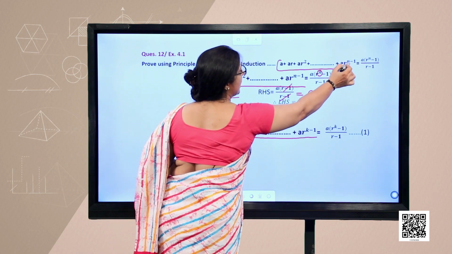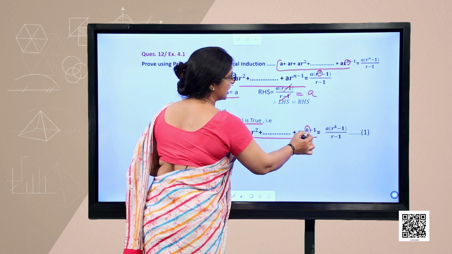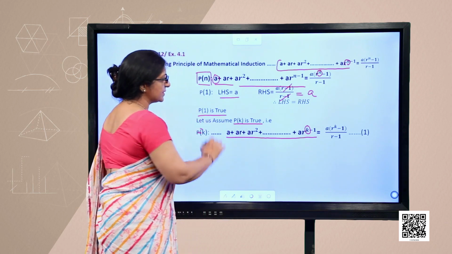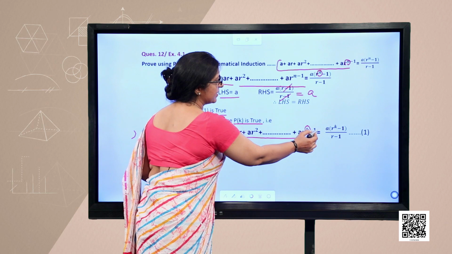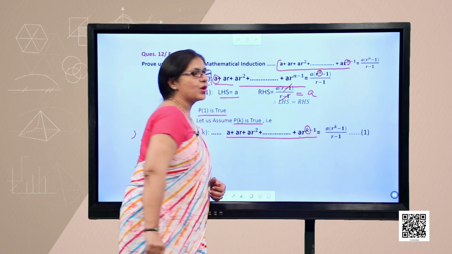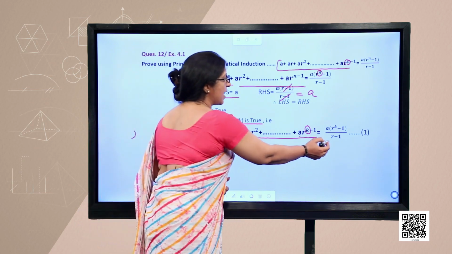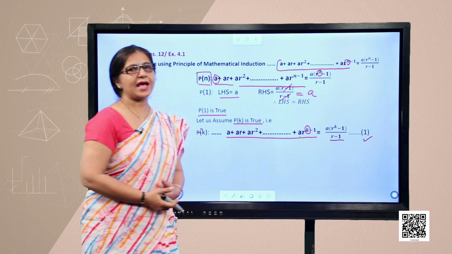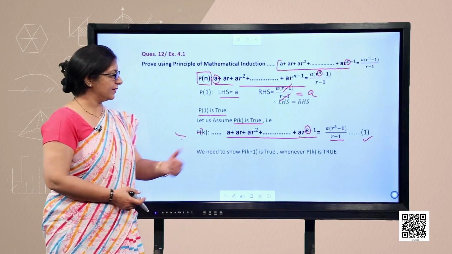In place of n, we replace this with k, and this becomes a plus ar square plus dash dash dash plus ar to the power k minus 1, that is equal to a into r to the power k minus 1 divided by r minus 1, and we will take this statement as equation number 1 that we will be using further.